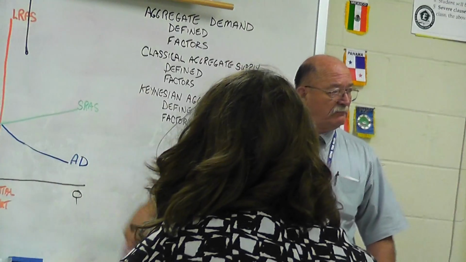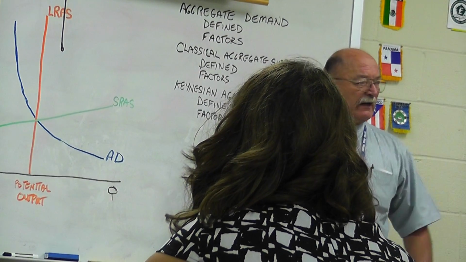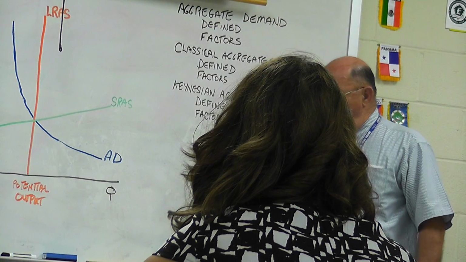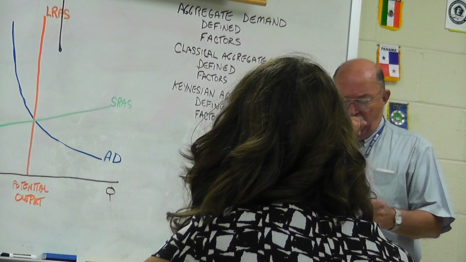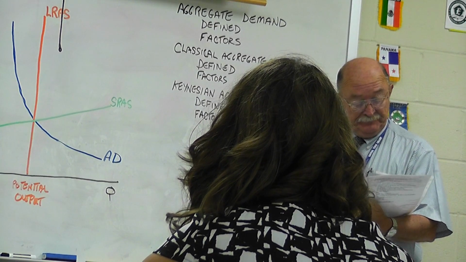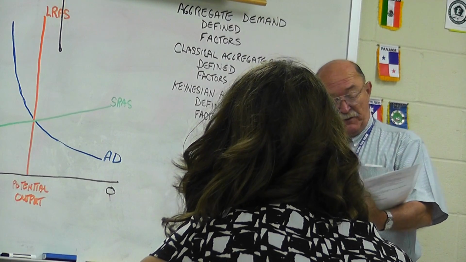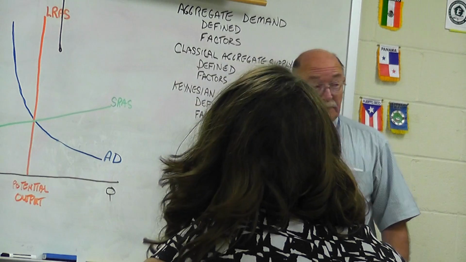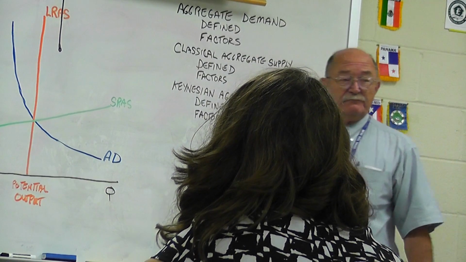That's right, because it's vertical. Price level has no impact on the relationship between price level and output.